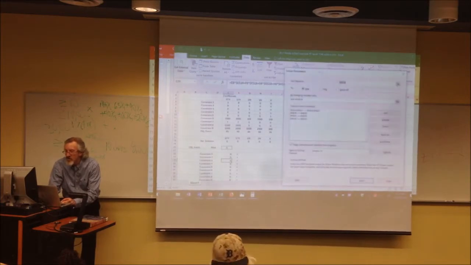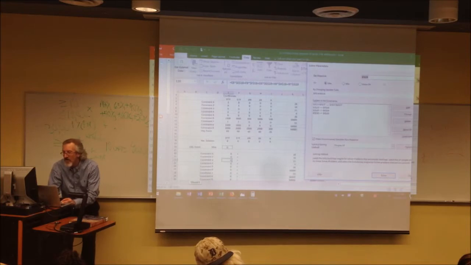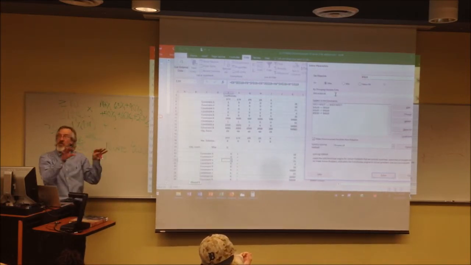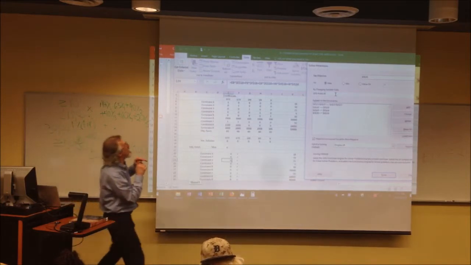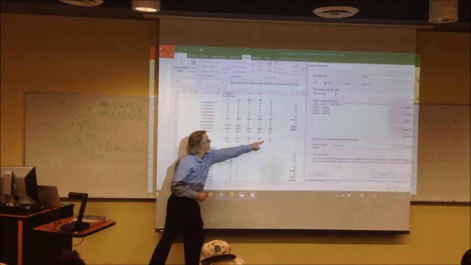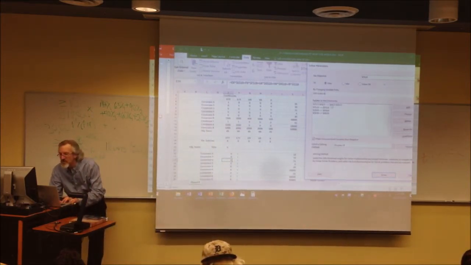Is the objective function calculation taking place in E20? Yeah. All right. Where we want the optimal solution to appear for the variables, are they in F through I 18? There they are. It is the row 18. Here's our constraints.